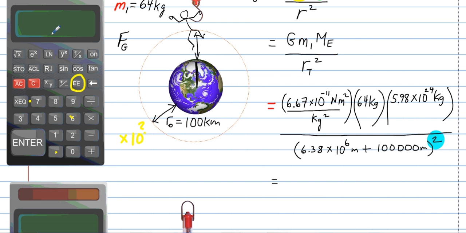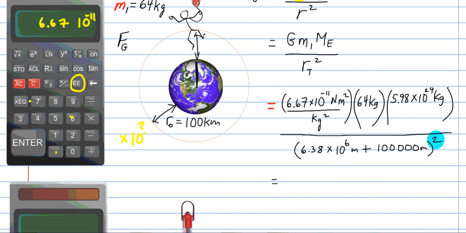So I will type in 6.67, and then on my screen, when I hit this button, I will then see a 10, and it's waiting for a number. In this case, I will hit the plus minus button because it is a negative exponent, and then I will type in 1, 1. And then I will successfully enter this value in.